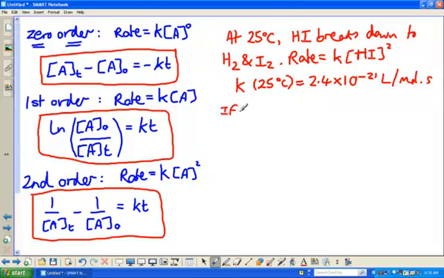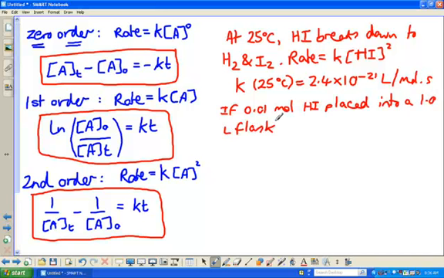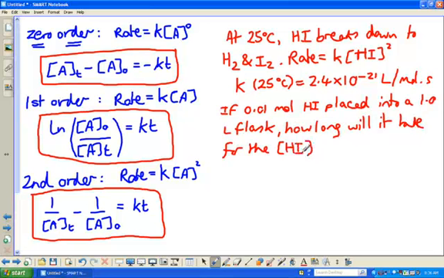Alright, so if 0.01 moles of HI is placed into a 1 liter flask, how long will it take for the concentration of HI, I guess I should have written this question out before we started, to reach 0.0090 moles per liter.